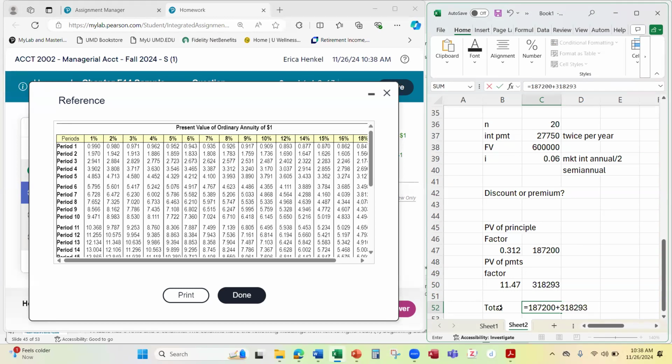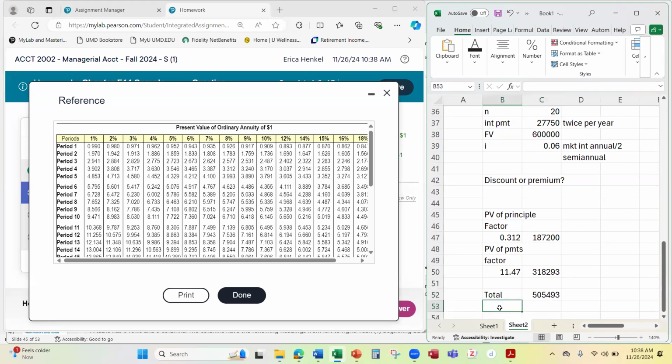Okay, so the total we pay is going to be the present value of the principal. Let me put this here so you can see my formula.